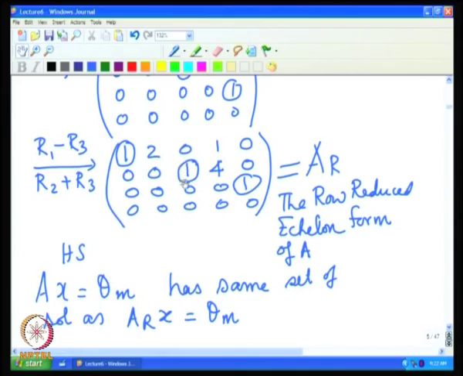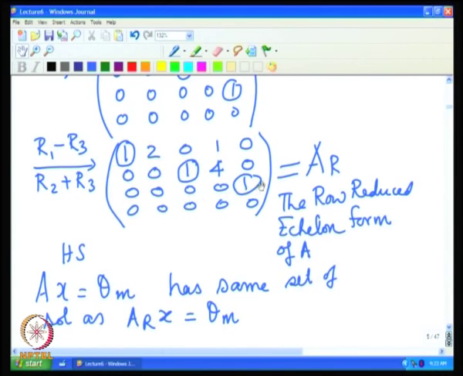There is a 1 appearing in the third column here, so x 3 is a pivotal variable. Though it comes in the second row, it appears in the third column, and therefore the column index tells you the pivotal variable.